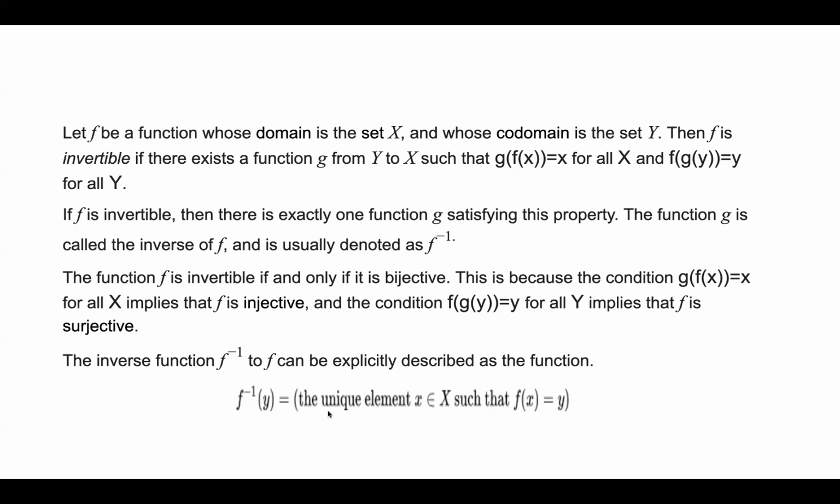If f of x is equal to y, then what will be the inverse? f inverse of y is equal to x. If f of x is y, then the inverse function gives f inverse of y is equal to x.